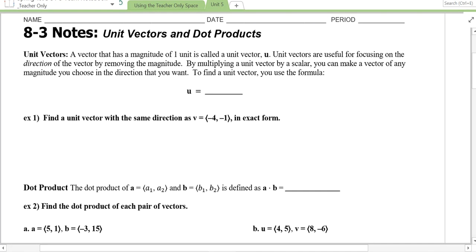Basically, a unit vector has the same direction as your vector, but it only has a magnitude of 1. So it's like the i and j vectors that we talked about earlier.